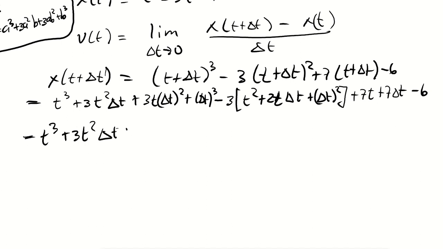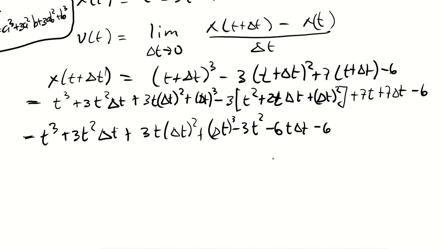Then simplify further. We can distribute 3 here. So minus 3t squared minus 6t delta t minus 6 delta t squared plus 7t plus 7 delta t minus 6. And we can just copy this one and we subtract x of t.